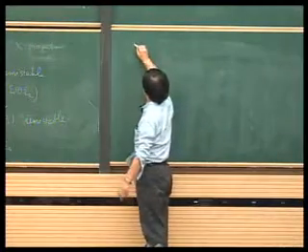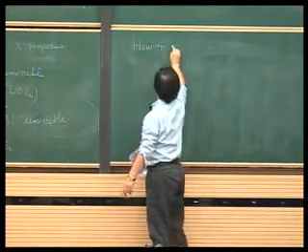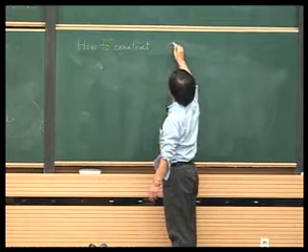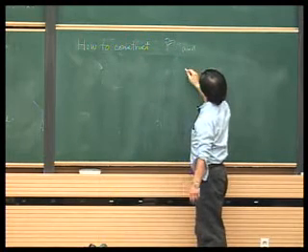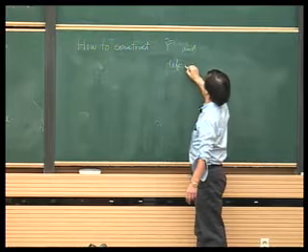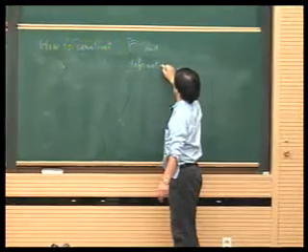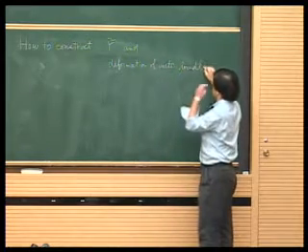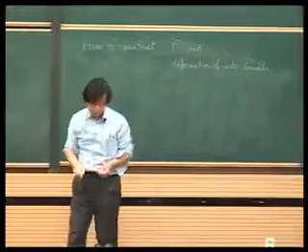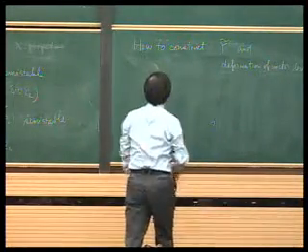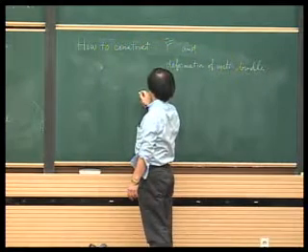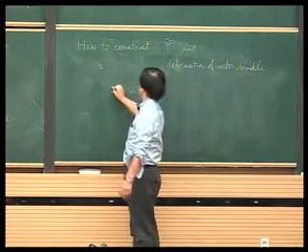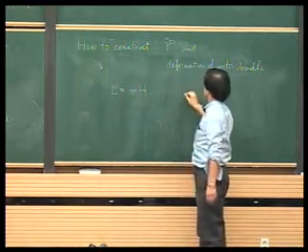So how to construct a deformation of E, a deformation of the vector bundle? Y is constructed like this. Let's take some very large multiple of H and take a Lefschetz pencil.